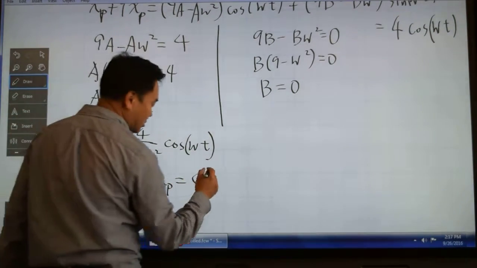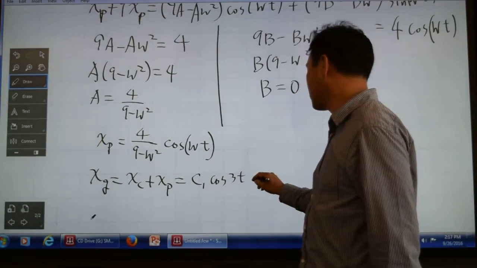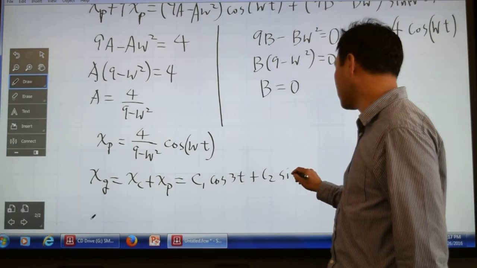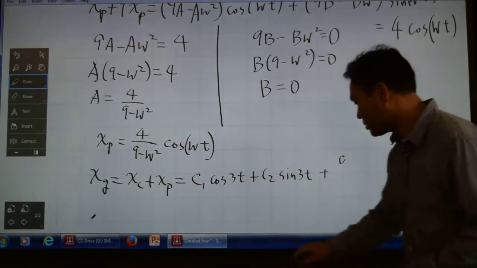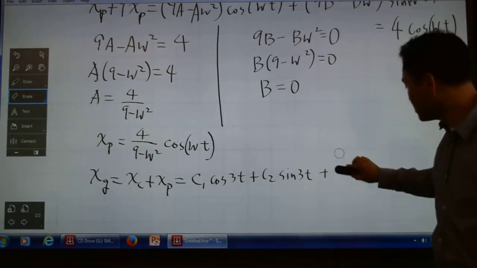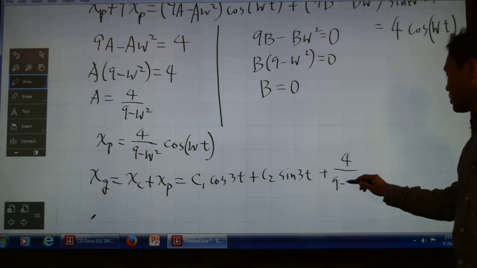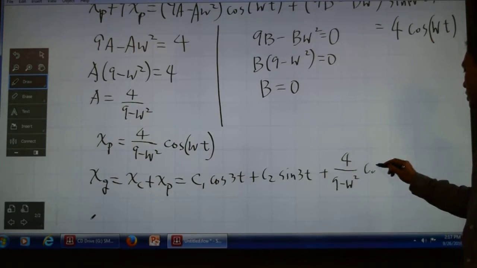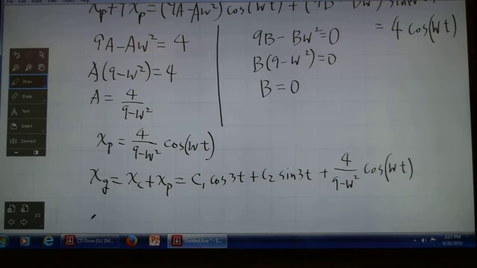So c1 cosine 3t plus c2 sine 3t plus 4 over 9 minus w squared cosine wt. So that's the general solution.